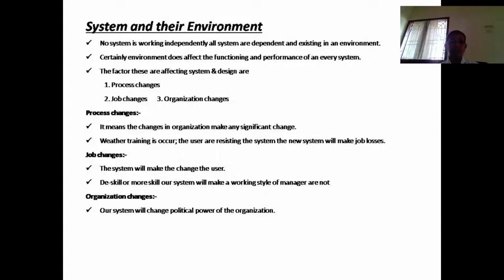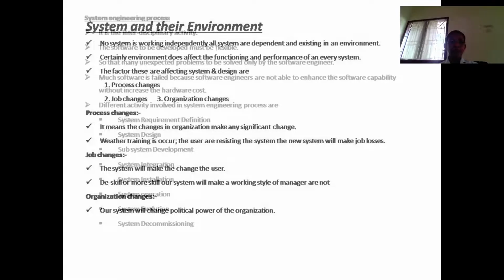Job change means the system will change the user. Here, will the system change the working style of the manager or not? Organization change: will our system change the political power of the organization? So this concept is used to know about the system and its environment.